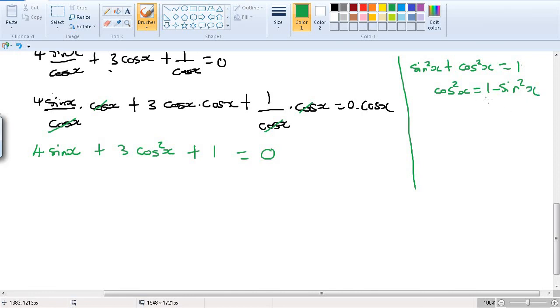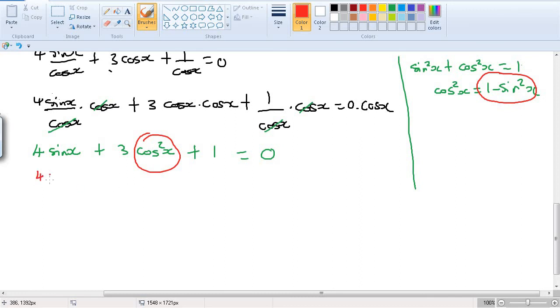We have to replace cos squared with 1 minus sin squared x in this problem. The reason why we're doing that is because we want to work either in sin or in cos, and we know that cos squared x can be written in the form of an identity. So it's easier for us to replace cos squared x with 1 minus sin squared x, and then everything throughout will be in terms of sin.